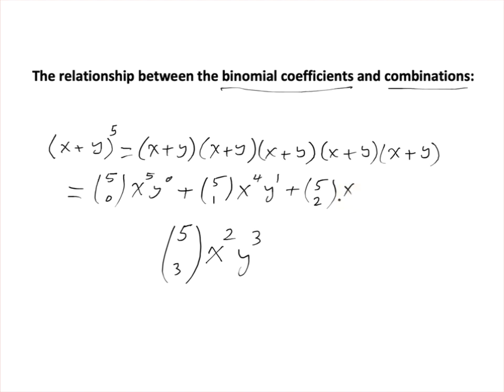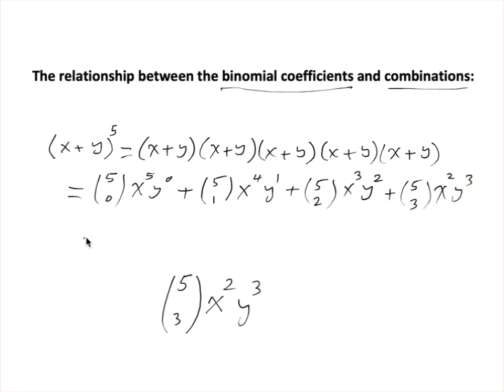That gives me 5 choose 2 times x to the power 3 y squared. And then choose 3 out of 5 y's. So you get 5 choose 3 times x squared, y cubed, and so on.